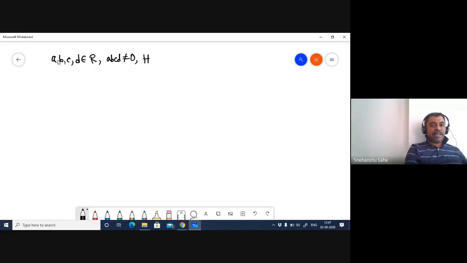We have defined a vector space H, consisting of x1, x2, x3, x4 such that ax1 plus bx2 plus cx3 plus dx4 equals 0.